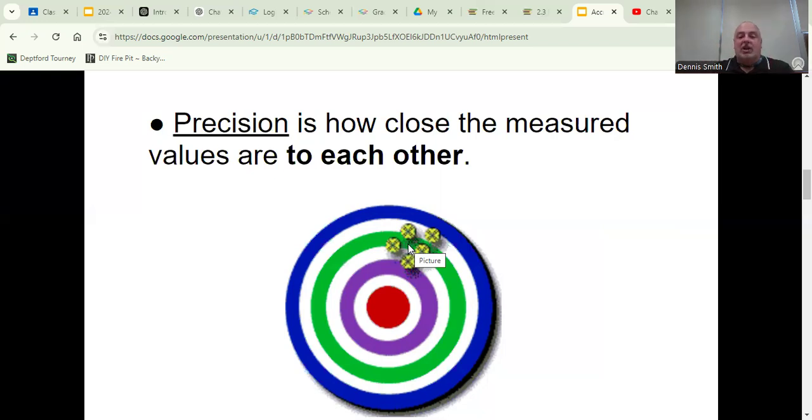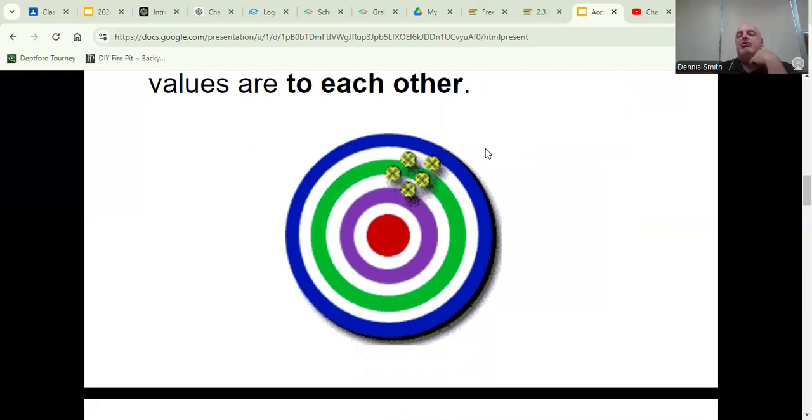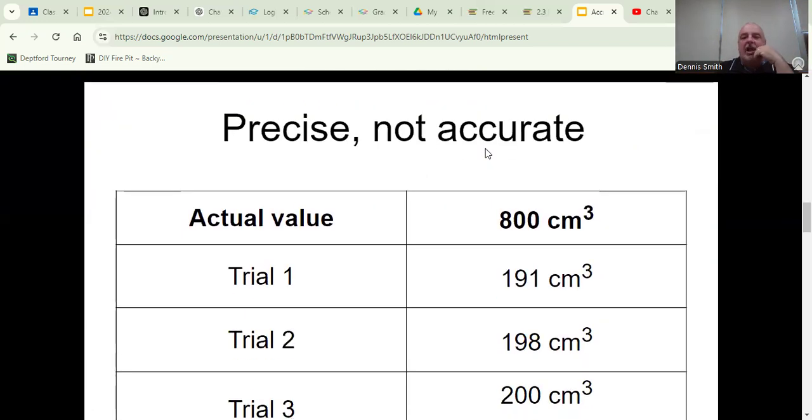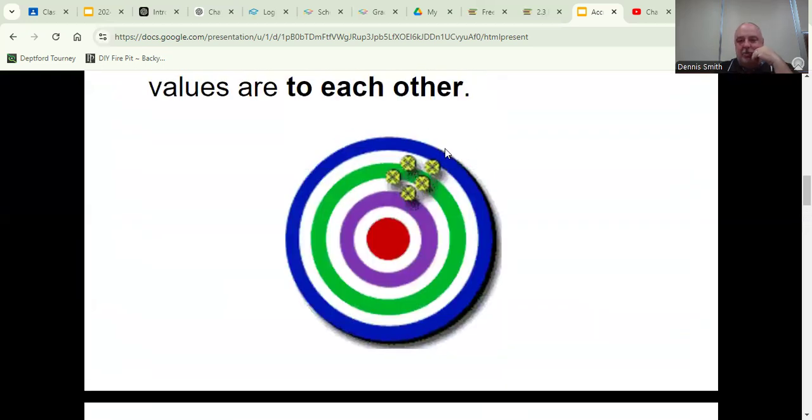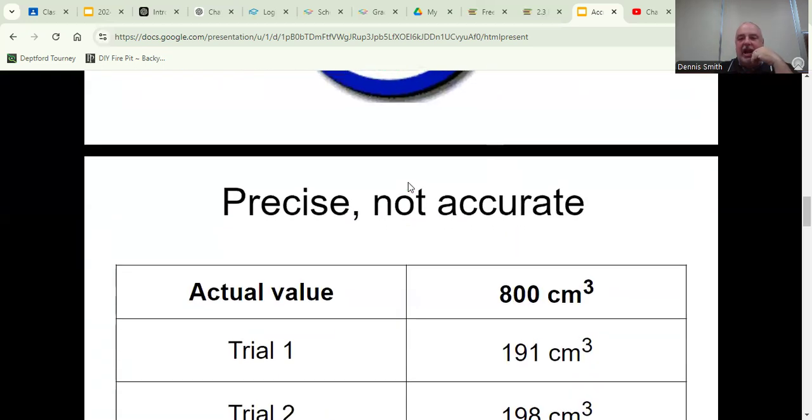So in this case, these five balls here would be considered precise, but not really accurate because they're not close enough to the bullseye. So precision is how close the measured values are to each other. Accuracy is how close they are to the actual true value. So in this case, these would be precise, not necessarily accurate.